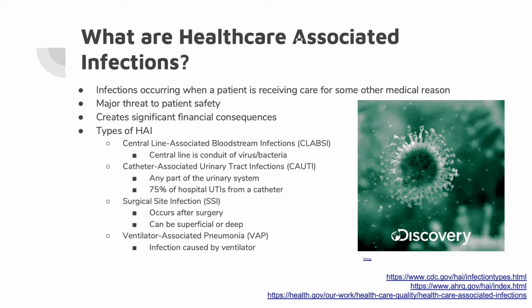We talked a lot about this in acute care, where they're using more external catheters to try to prevent UTIs. Another type is the surgical site infection, which can occur after surgery and can be superficial or deep. And then our fourth type is ventilator-associated pneumonia, an infection caused by use of a ventilator.